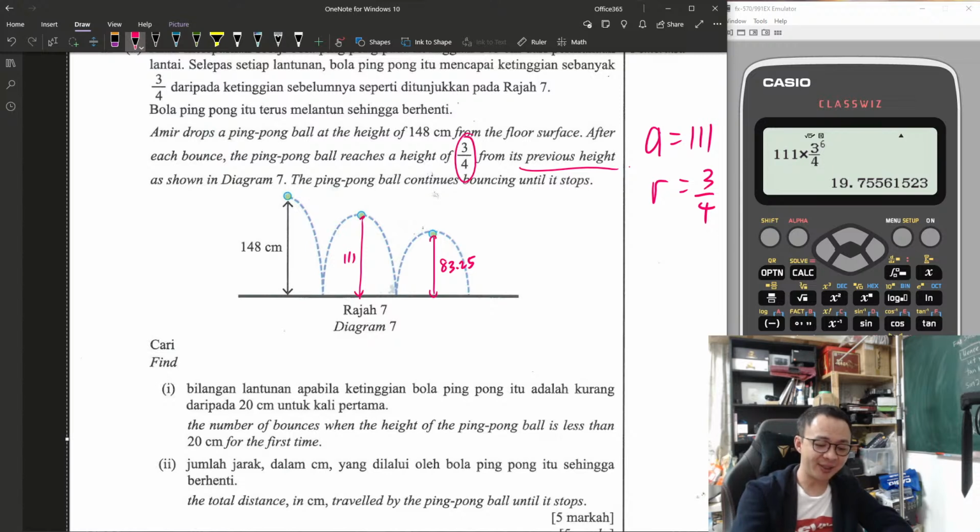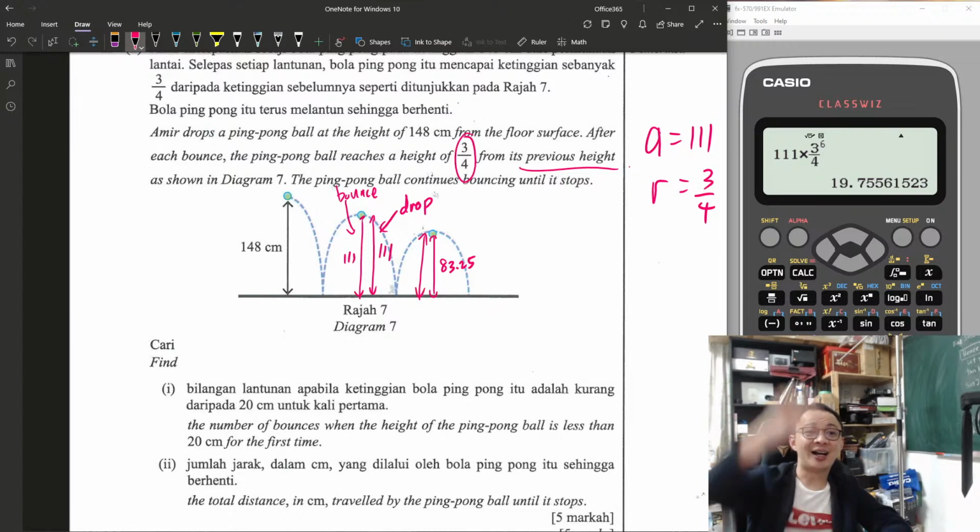One time is actually bounce, B-O-U-N-C-E, and then another 111 will be it drop. So same idea. This one 83.25 is a bounce, and another one will be drop. Here got another 83.25, up and down, up and down.